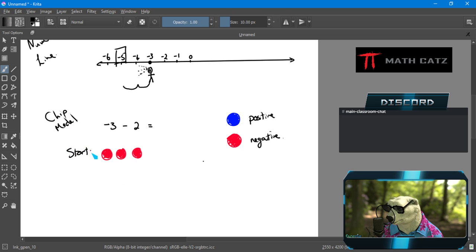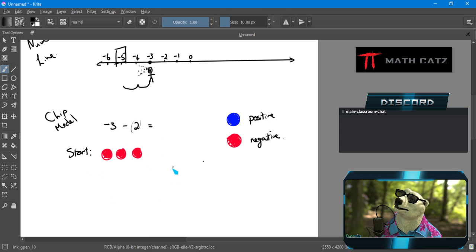Then I need to take away, minus tells me to take away. What do I take away? I take away 2 positive chips. This is positive 2. But I see no positive chips to physically remove.